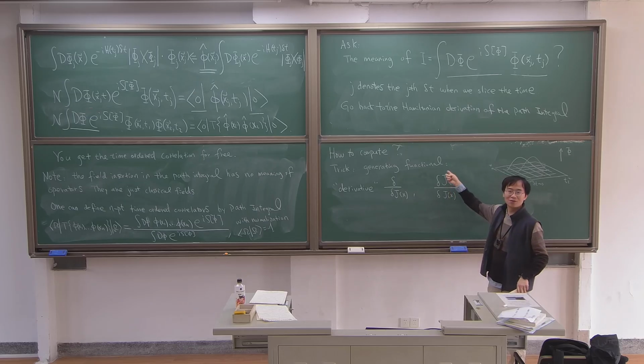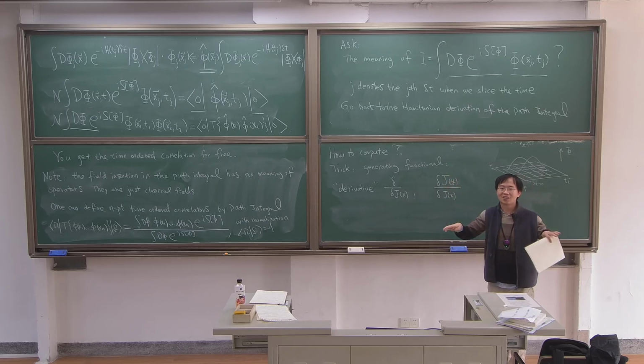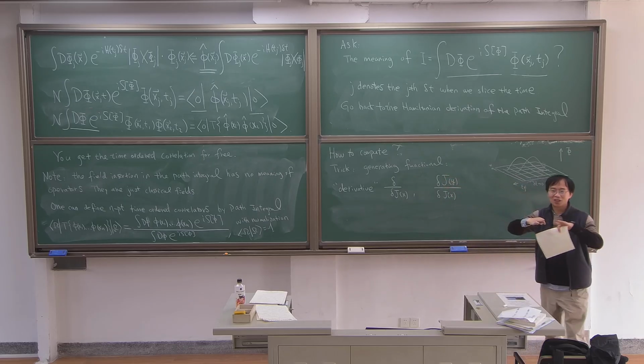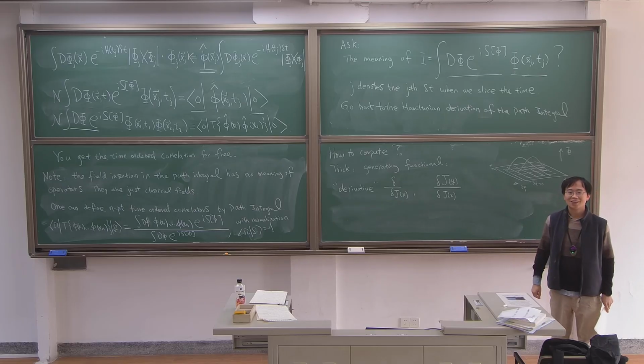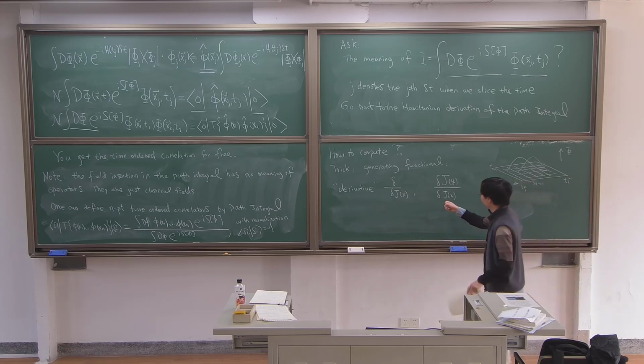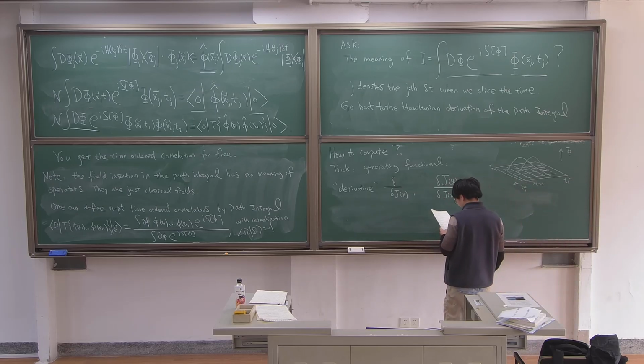J is a given function. I don't change it anywhere except for x, and take the derivative with respect to J(x). So this gives what? This gives a delta function.